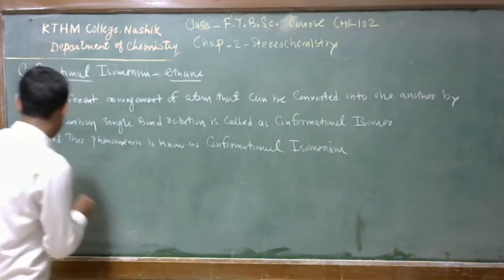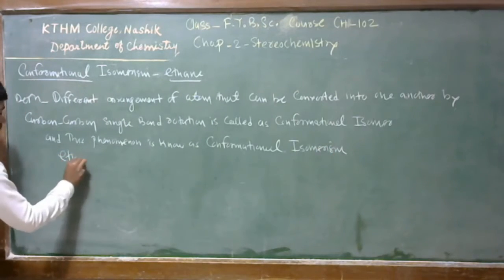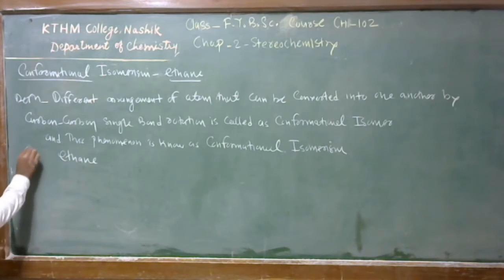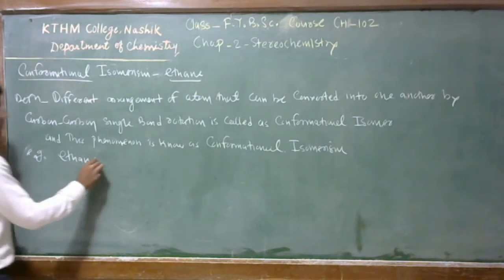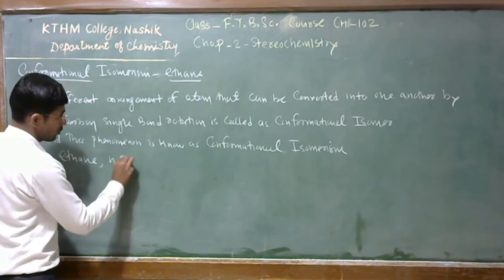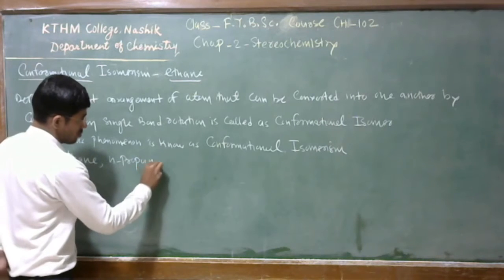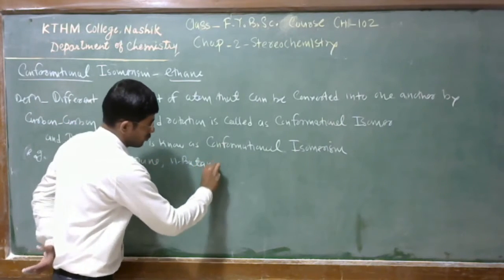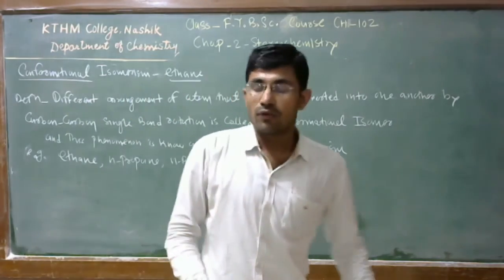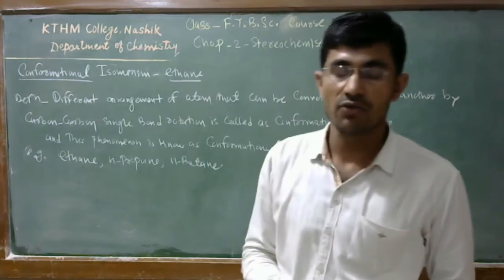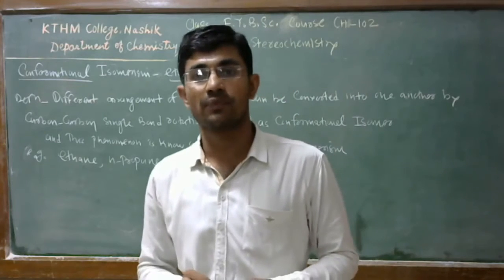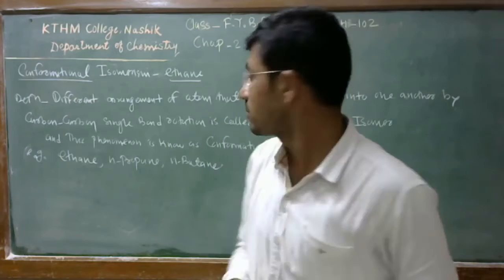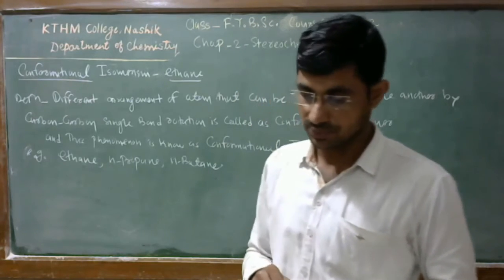For example, ethane, then propane, then n-butane. Conformational isomers have the same structural formula but different arrangements of atoms or groups in space.